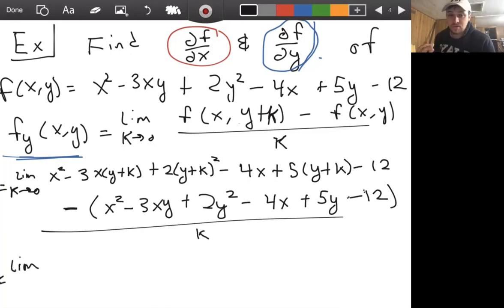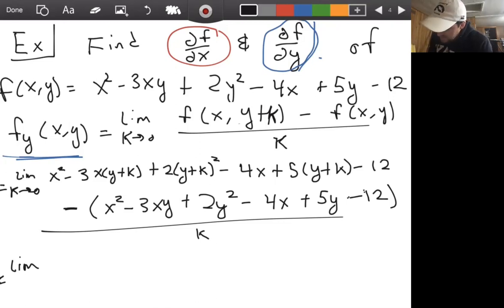Right now, what you do from here is you multiply everything out, you distribute, you FOIL, etc. You get it in as many terms as it can be, and then you cancel what you can, and then take the limit after that.